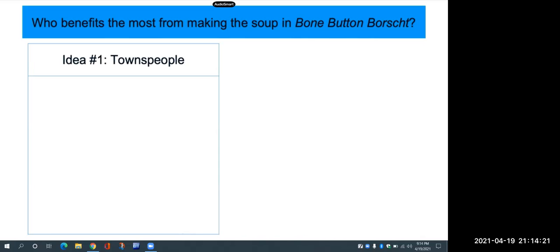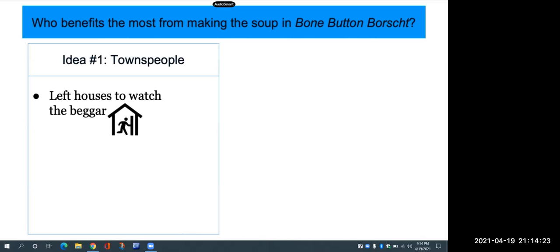As we read the story, we learned that the townspeople were able to leave their houses to watch the beggar. They were no longer in their houses all alone. That was the benefit. That was something positive that happened to the townspeople. Let's continue to gather evidence of the benefits for the townspeople. As we continue to read, we also learned that the townspeople ate and laughed.